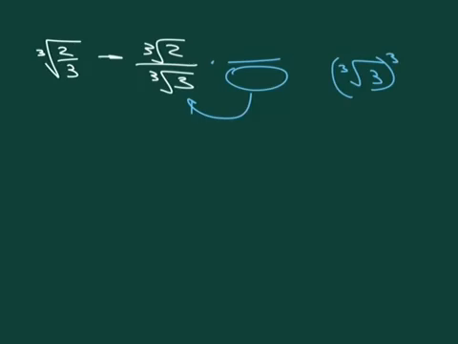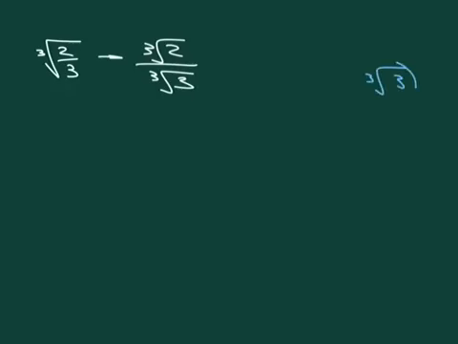Okay, so again, I'm trying to get this from my answer so that all this will go away. I'm going to multiply it by the cubed root of 3 squared. Because watch what happens here. Whenever I multiply, what do you do with your exponents?